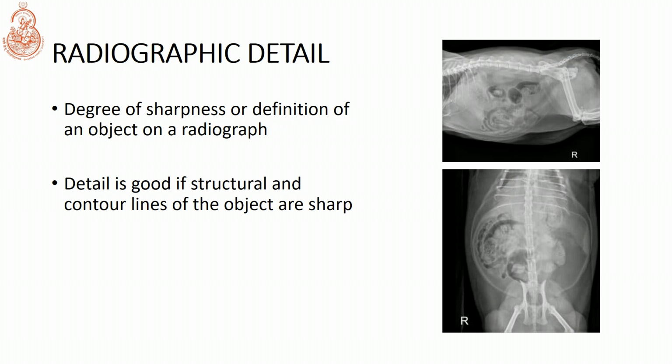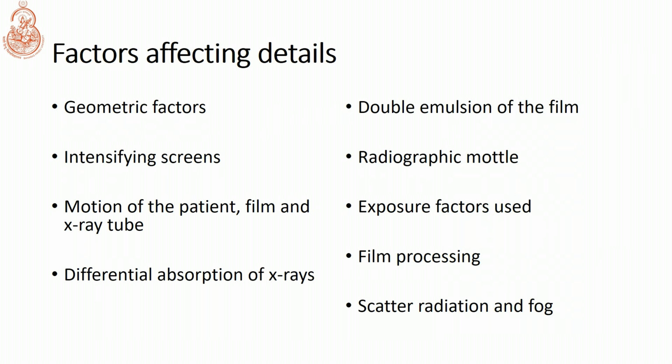We can have the outline of the gas bubbles inside the abdominal cavity, inside the intestines. You can see on the radiograph on the bottom the fecal matter filled in, which has very good sharpness inside. So with respect to detail, these radiographs can be considered to have very good detail.